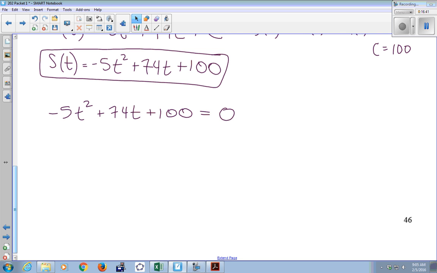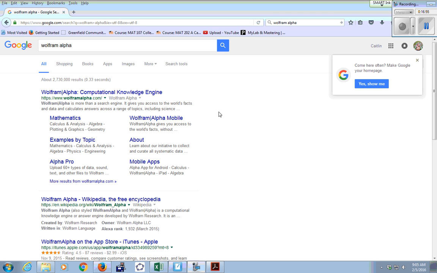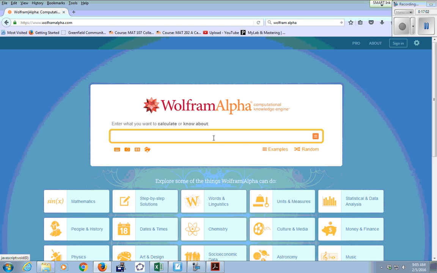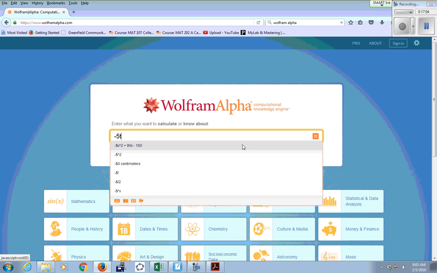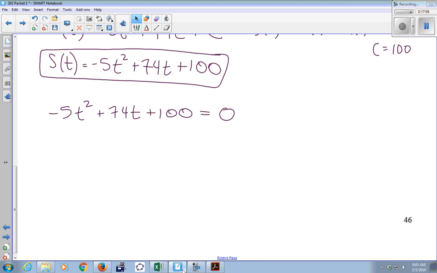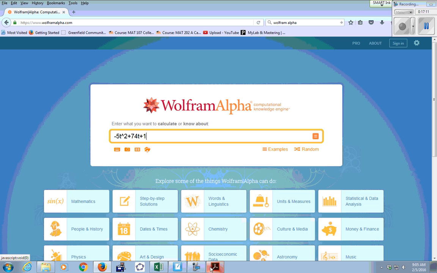So just in case anyone's unfamiliar, I'm going to solve this using Wolfram Alpha so you can see how handy a tool we have at our fingertips. Okay, so we just search Wolfram Alpha, click on the link. All right, and then my equation is -5t squared plus 74t plus 100 equals 0.